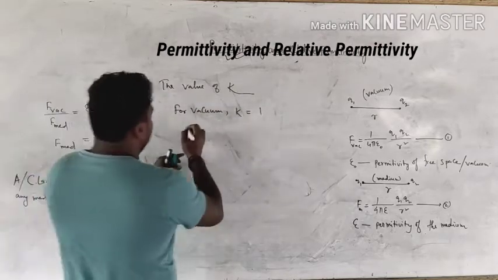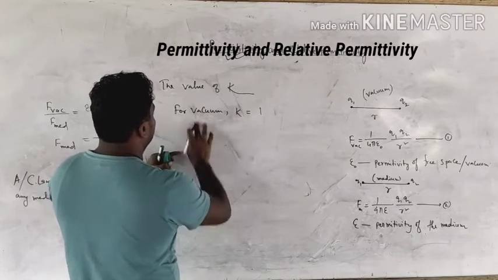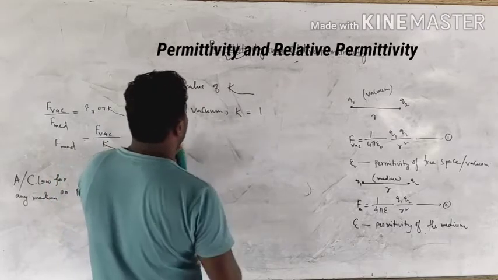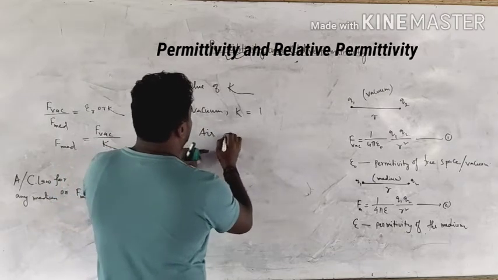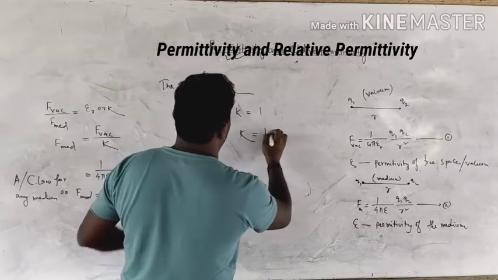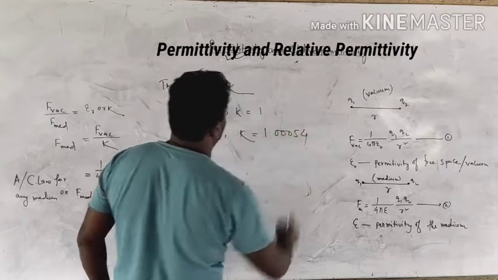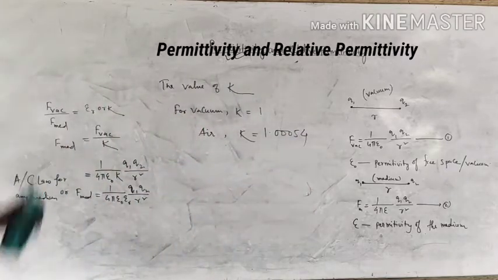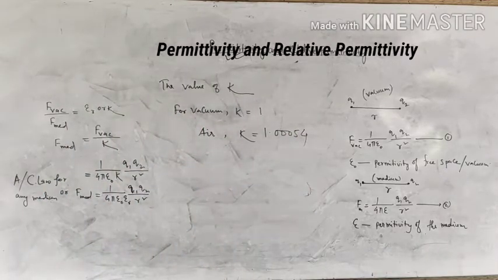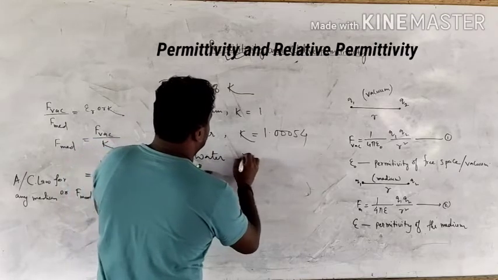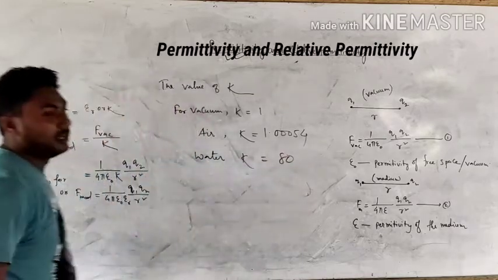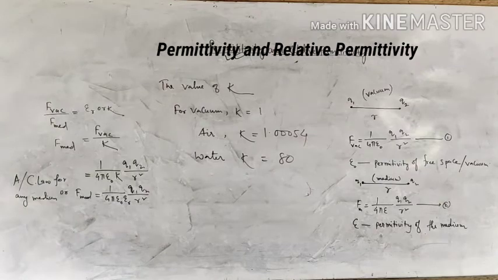For air it is taken to be K equal to 1.0054. Remember that. For water, K is considered to be 80. Remember that.